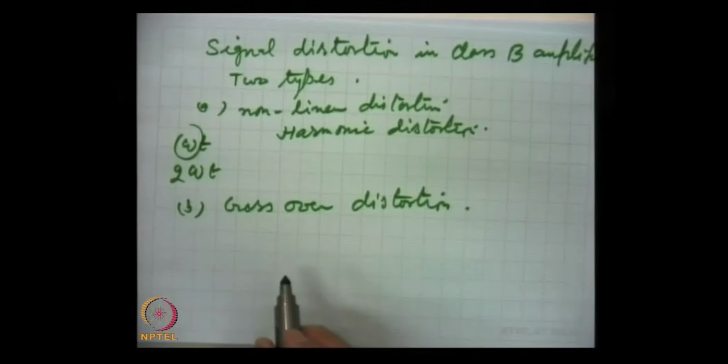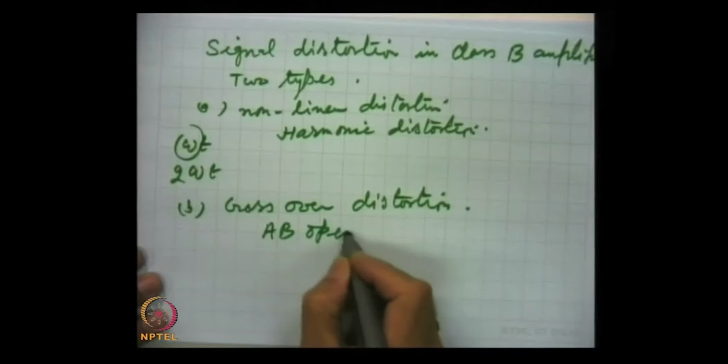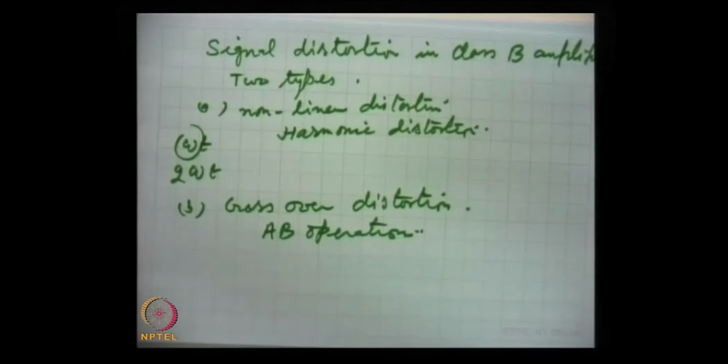But once we move the operating point from the center slightly above into the active region, then it is not a pure B operation. In that case, it will be called AB operation. Because this crossover distortion is important, and we can get rid of it by choosing a slightly different operating point.